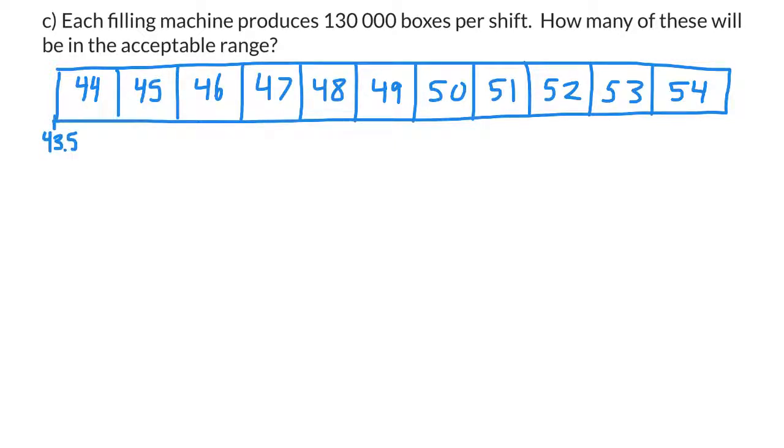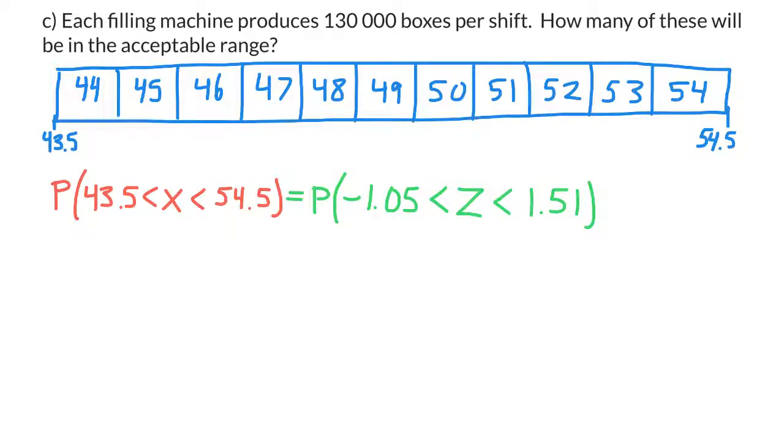So when we change this to our range of numbers for our normal distribution model, the low end of this scale would be 43.5, and the high end of this scale would be 54.5. So we're looking for the probability that x is between 43.5 and 54.5.